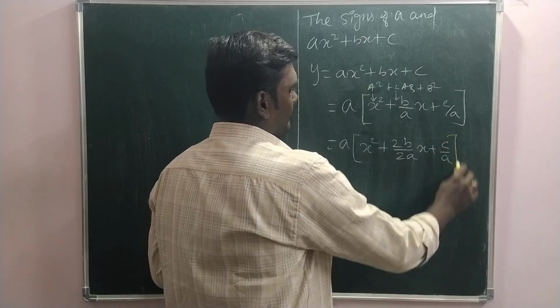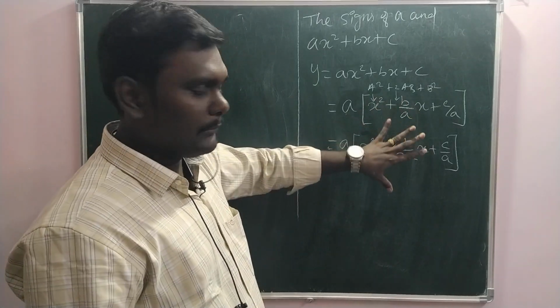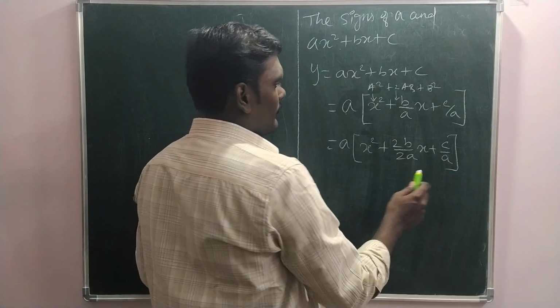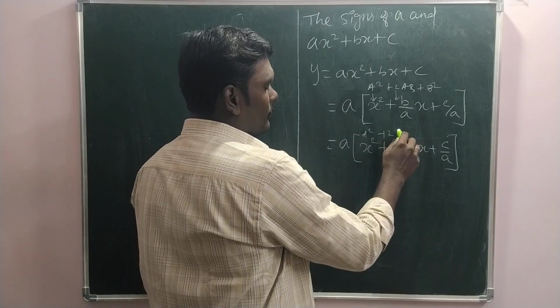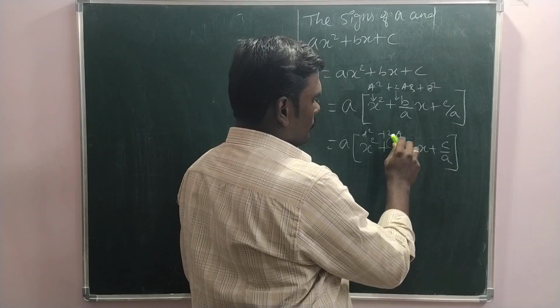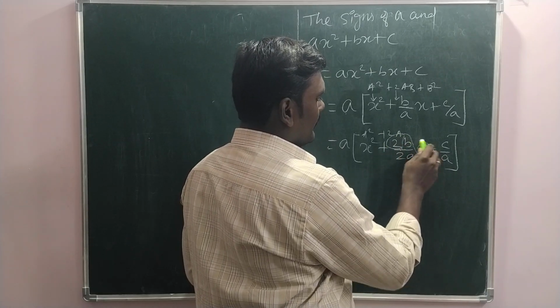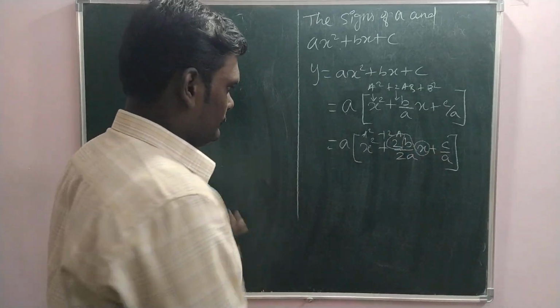Then 2 gets cancelled, the previous form is obtained. So we need 2 over here. Then match this form. A square is there, plus 2A is there or not? 2 is there and then A is there. Apart from that, whatever is there, that is our B.